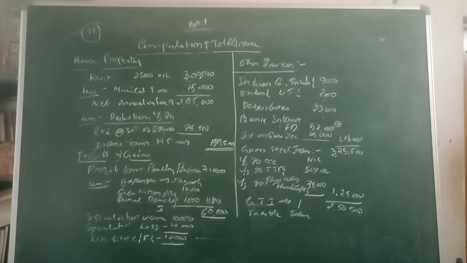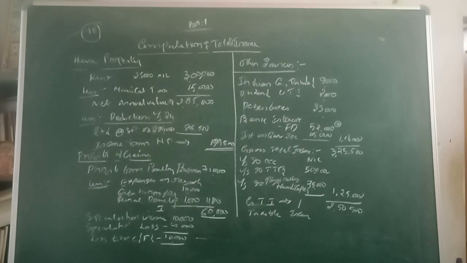Point number 2: are we told what level of disability the assessee has? It is not specified. So it is considered that the assessee has a disability of 40%, and that's why we are claiming 75,000 as the eligible deduction.